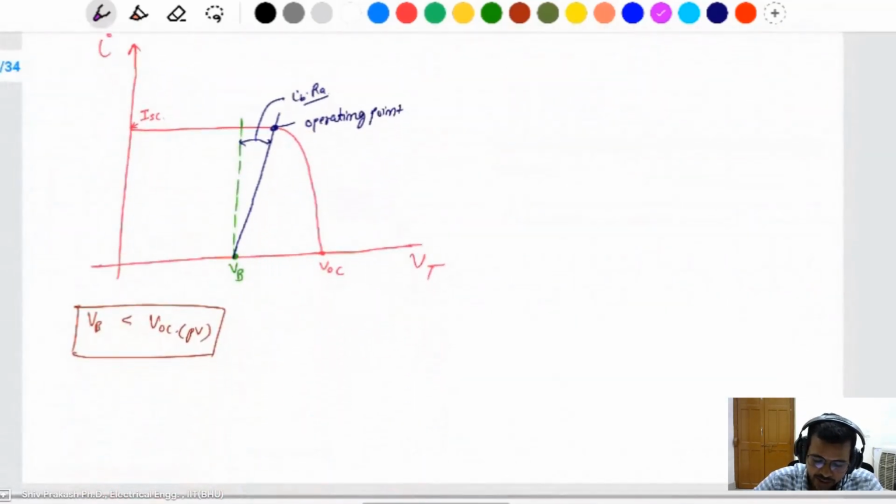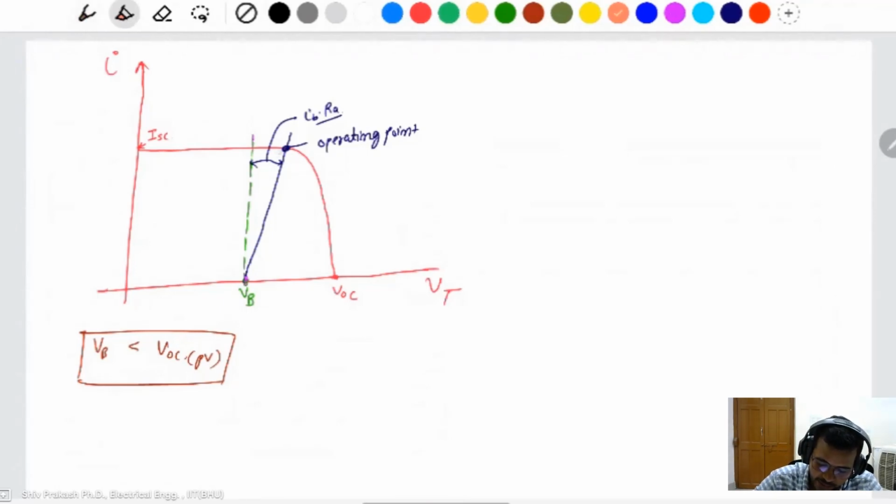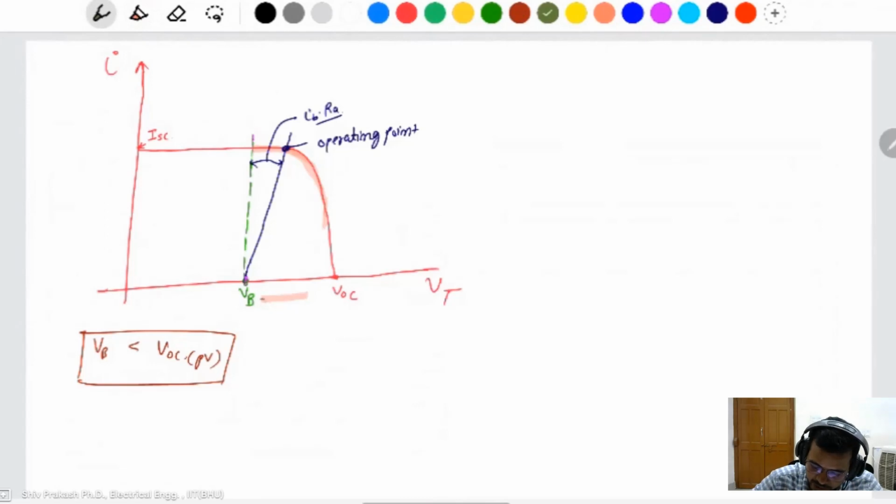This phenomenon occurs in the same way with the PV panel. Suppose this is the rest voltage of a dischargeable battery, the terminal voltage is this one. If you charge the battery from here to here, you can see the battery voltage will be increased to some point like here, which I take as VB1.